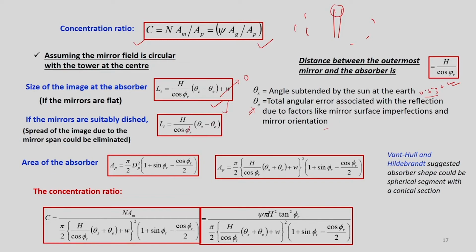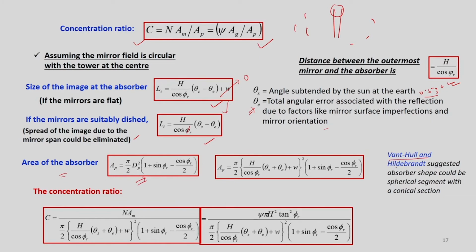So, under what condition can we remove this? The spread of the image due to the mirror span can be eliminated in the case of a suitably dished system. If the mirrors are suitably dished, we can use this expression under this condition where omega, or W, will be 0. So, the area of the observer can be calculated using this expression, because this configuration is something different.